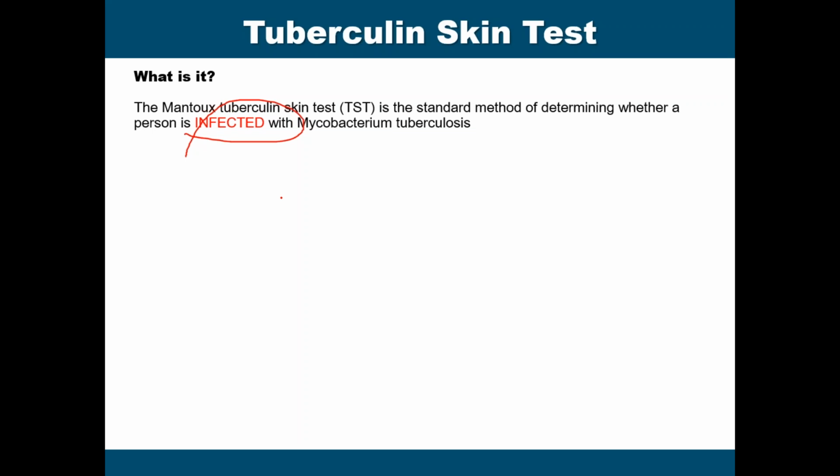So again, the three words that you want to look for in the NCLEX will be if the person has been infected, or if the person has been exposed, or if the person has had contact with someone who has tuberculosis. So the question is, how do we carry out this skin test, or how do we do the procedure?